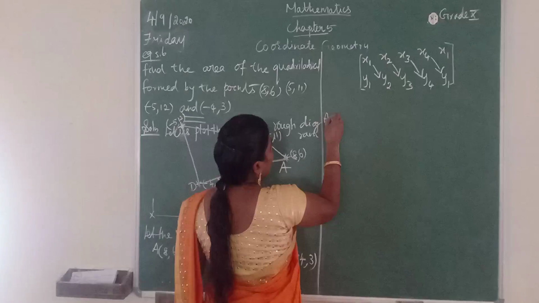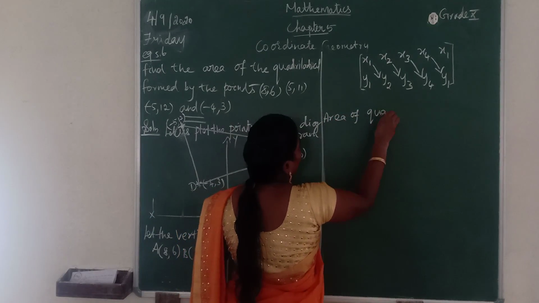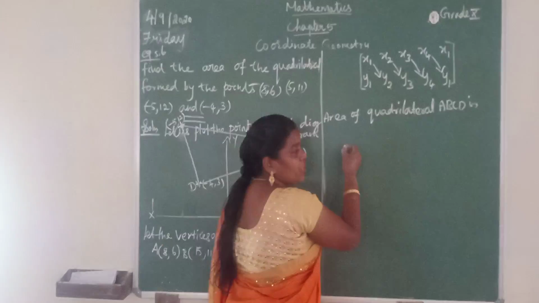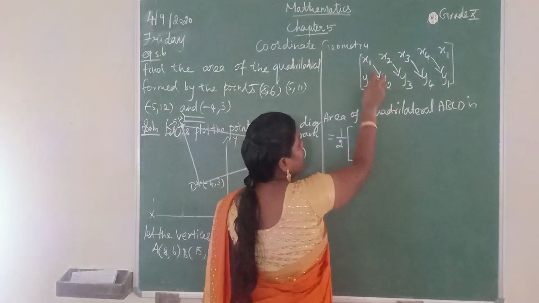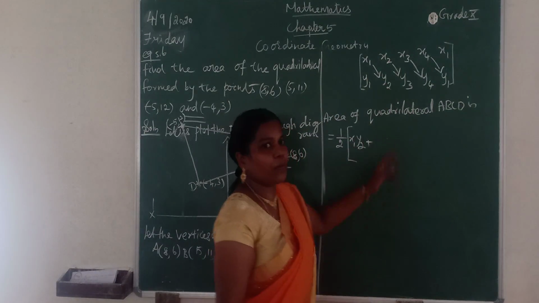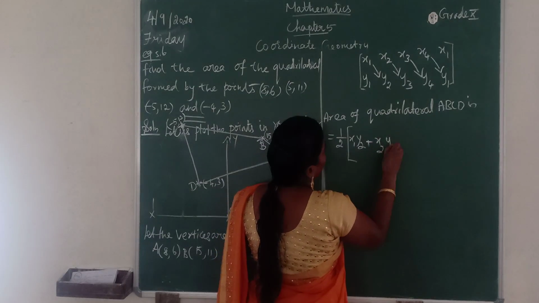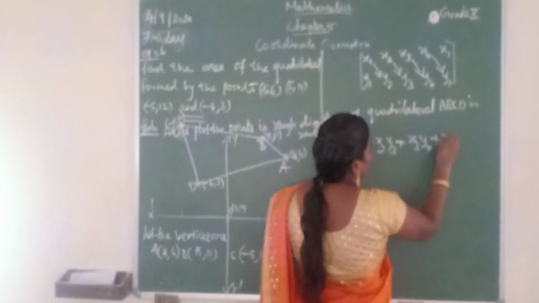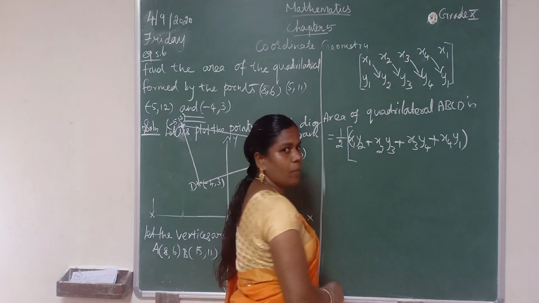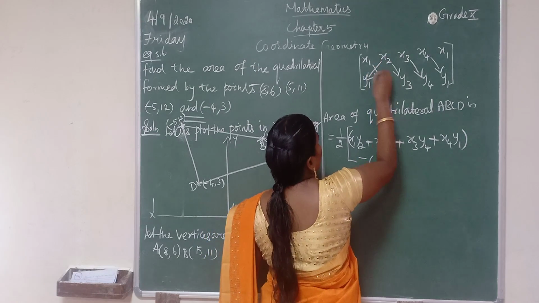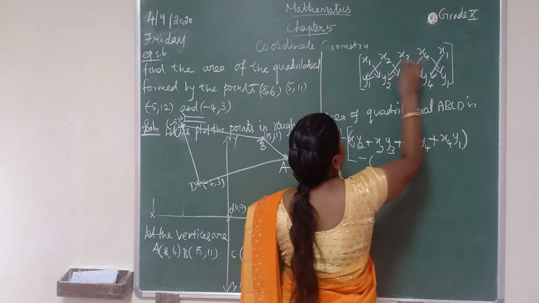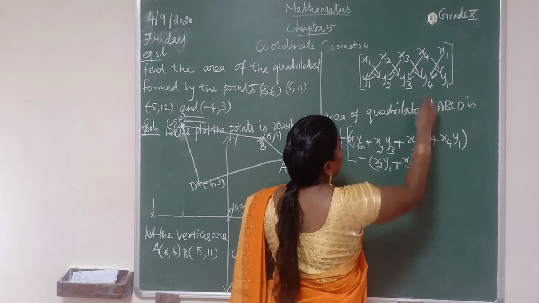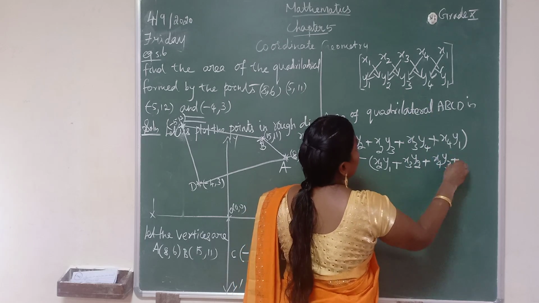So the area of quadrilateral ABCD is half into (x1 y2 plus x2 y3 plus x3 y4 plus x4 y1), close the bracket, minus (x2 y1 plus x3 y2 plus x4 y3 plus x1 y4).